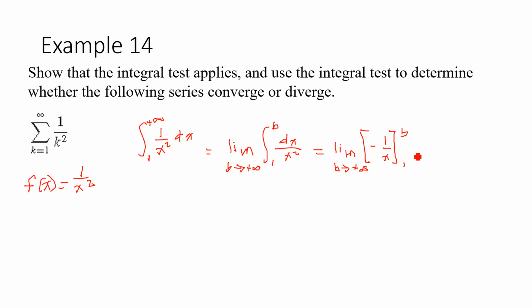If we subtract this, it is equal to the limit of 1 minus 1 over b as b approaches positive infinity. In this case, the limit of the constant is 1, the limit of 1 over b is 0, so that is 1 minus 0, equal to 1.